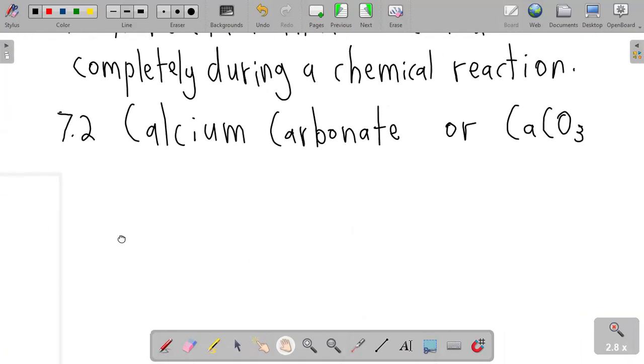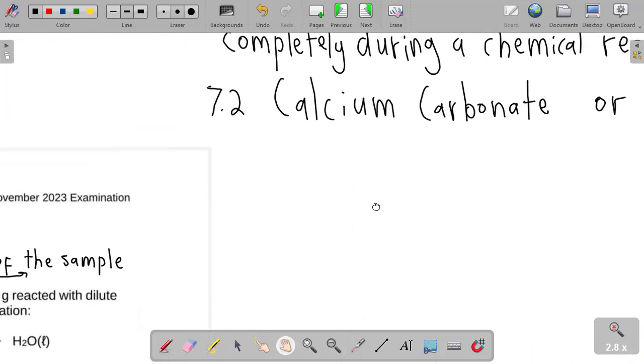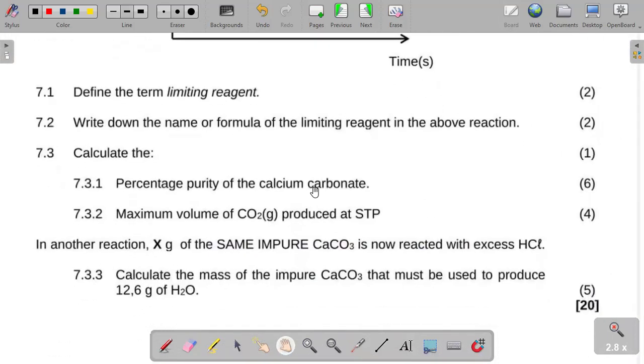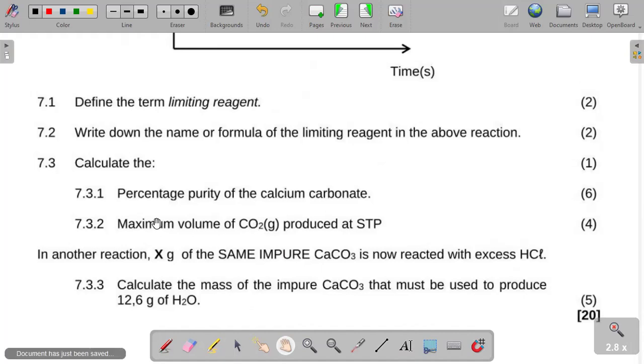Now we go to 7.3. They say calculate the percentage purity of the calcium carbonate. So we have to find the mass.